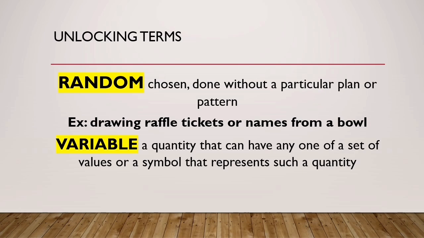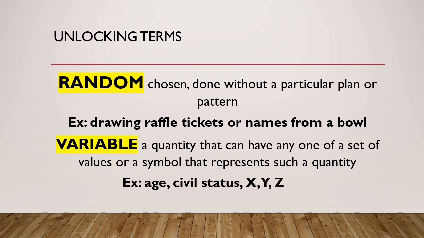The next word is variable. It is a quantity that can have any one of a set of values, or a symbol that represents a quantity. I am sure that you are familiar with the word variable because this was discussed during your junior high school days. So in this subject, it is a quantity that can have any one of a set of values or a symbol that represents such a quantity.